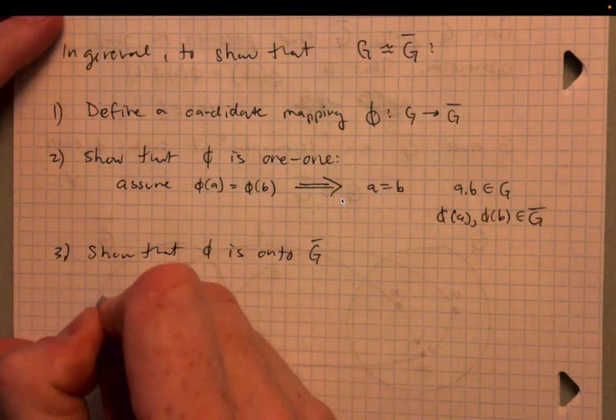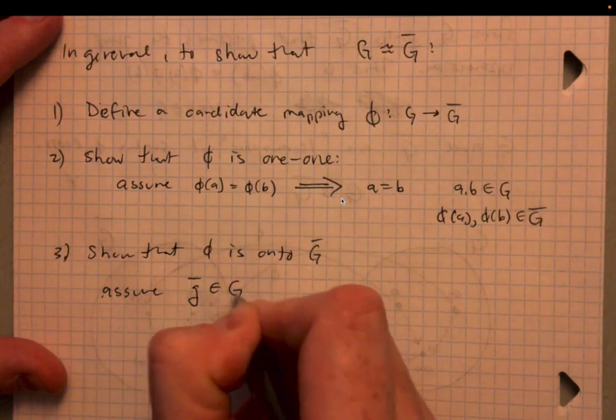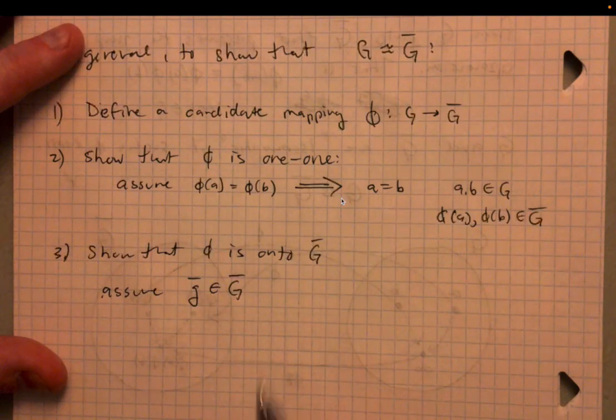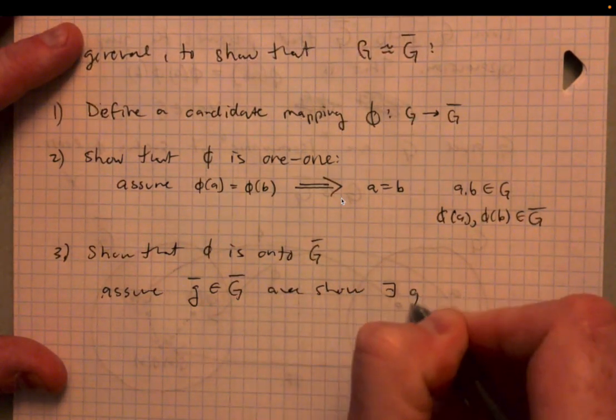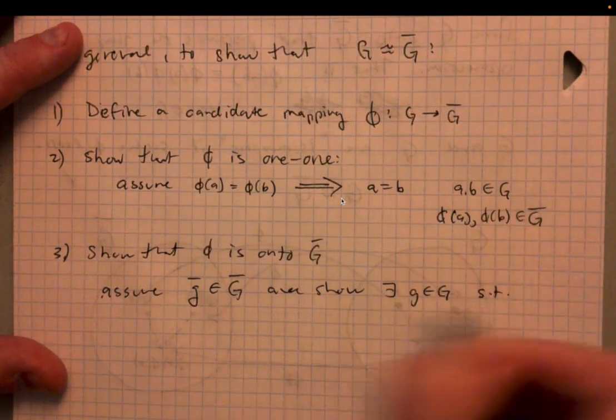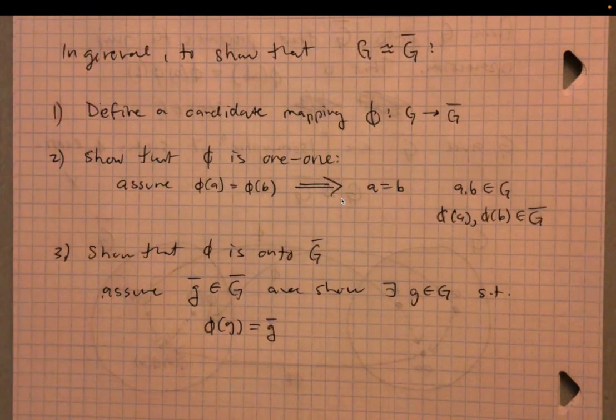So assume that little g bar is in G bar, and show that there exists g in G such that phi of g is equal to little g bar. These all will get you the requirements for the mapping: the mapping is one-to-one and onto, essentially.